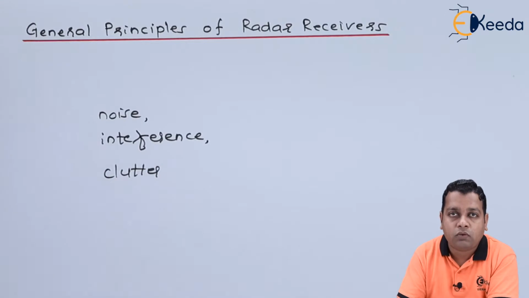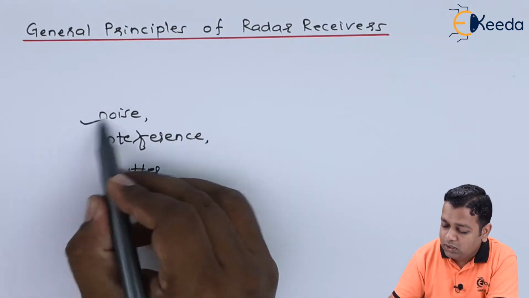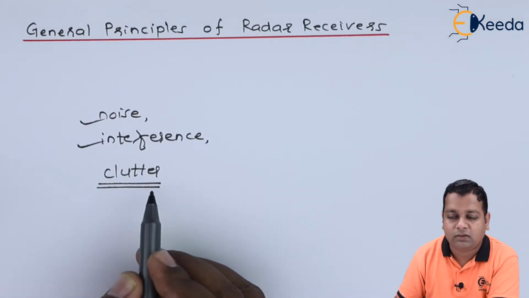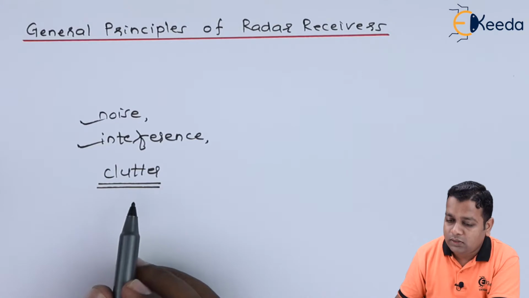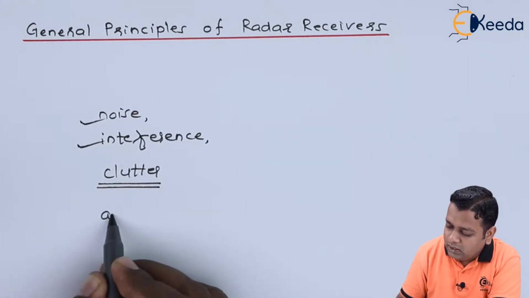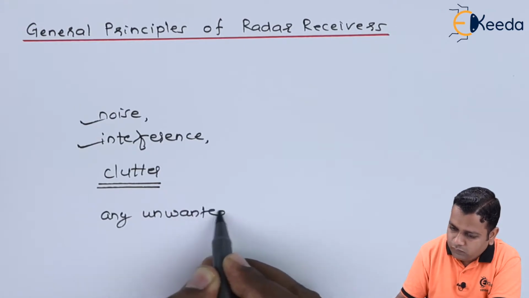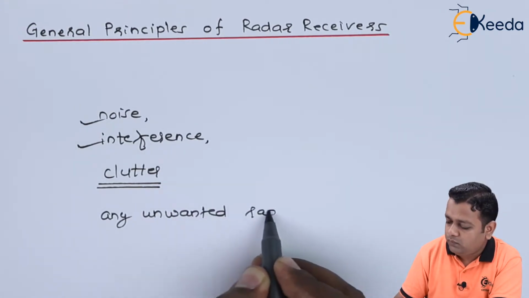If you have a background in communication engineering, you will be very familiar with the noise and interference terms. But let us see what exactly clutter is. Clutter is defined as any unwanted radar echo.